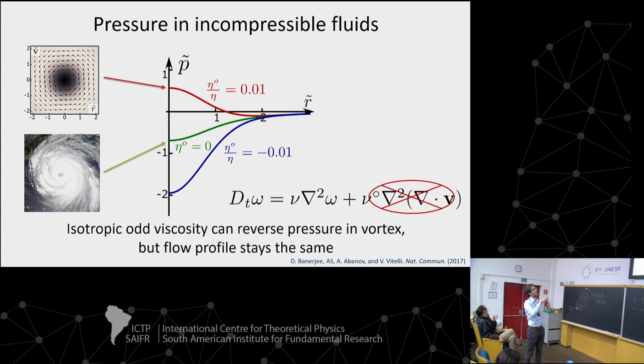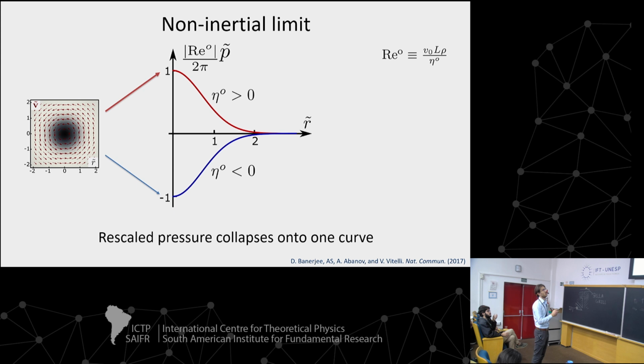But with the odd viscosity, even relatively small values of the odd viscosity relative to the normal one, what you can find is that if the rotation rate of the odd viscosity and the vortex is opposite to one another, you get a pressure maximum in the center, and now it's the odd viscosity that balances the centripetal force rather than the pressure gradients, the compression of the fluid.